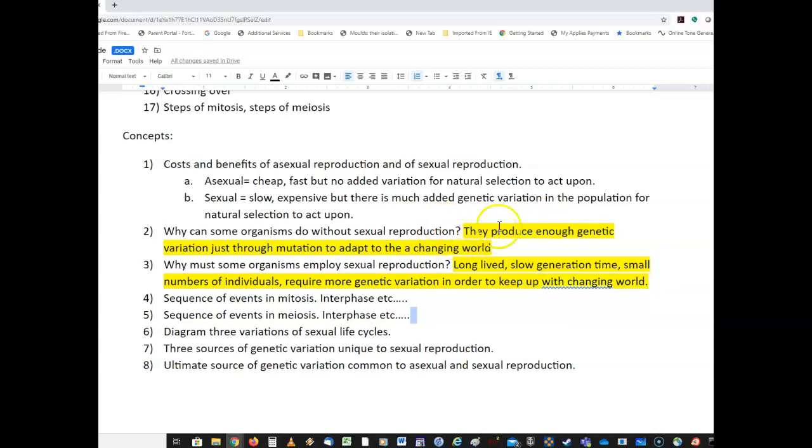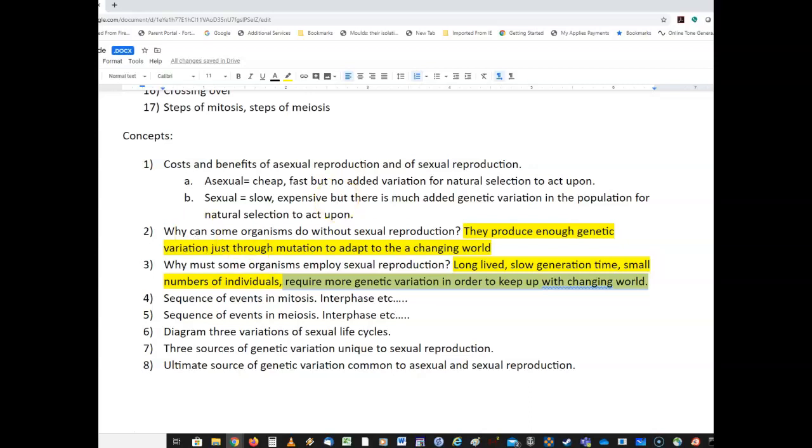And these can quickly go from 1 to millions, while in the same amount of time, we haven't even reproduced once. So we need the extra genetic variation that sexual reproduction offers to allow us to adapt to these disease organisms and at least produce individuals that may be relatively immune to these disease-causing organisms. So that's the kind of arms race that we're in.